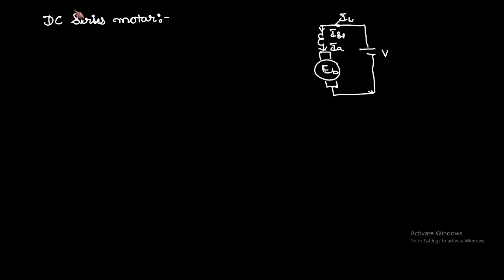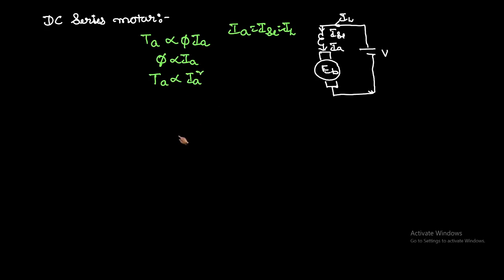In a DC series motor, the armature torque is proportional to the product of Ia and flux, but flux is also proportional to Ia only, because they are all connected in series. Since Ia equals ISE equals IL, flux is also proportional to Ia, so armature torque becomes proportional to Ia square.